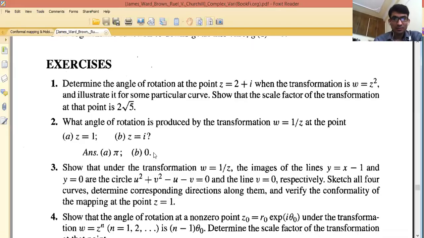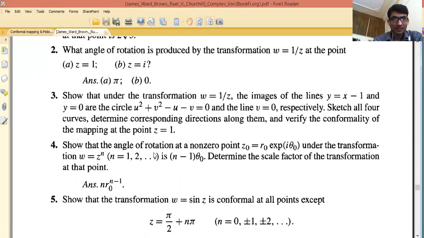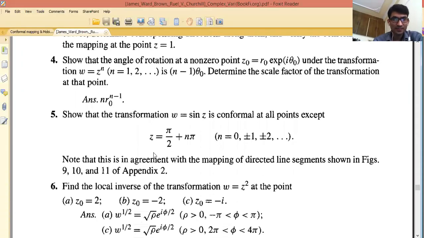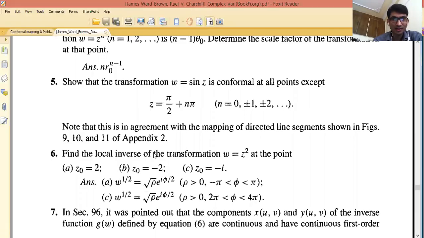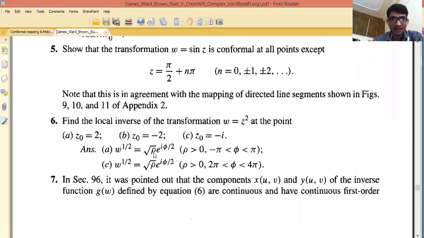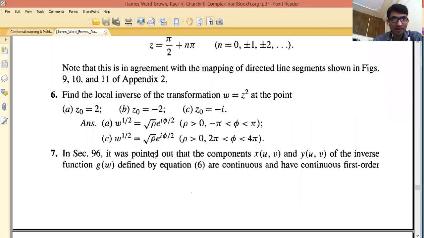So we can see some questions on screen. Find the local inverse of the transformation, z not equal to 2. z equals w to the power 1 upon 2. Local inverse means we find the value of z in terms of w.